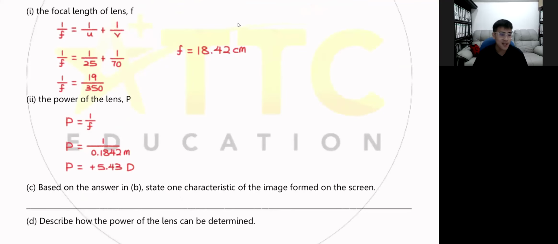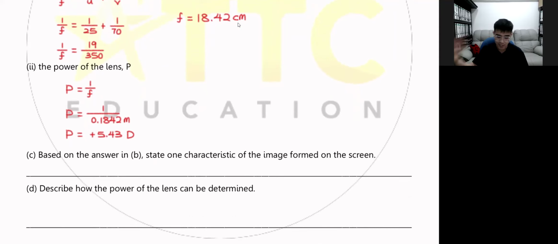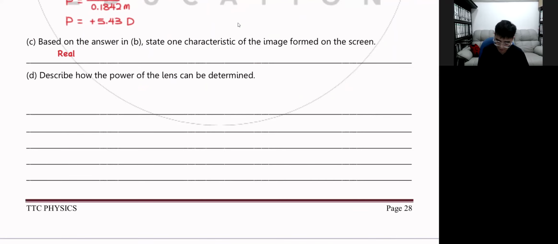Clear? So come, the question asks, based on the answer in B, state one characteristic of the image formed on the screen. We can give even 3 characteristics now. From the diagram, you can see the image forms on the screen, so you know that the image is a real image.